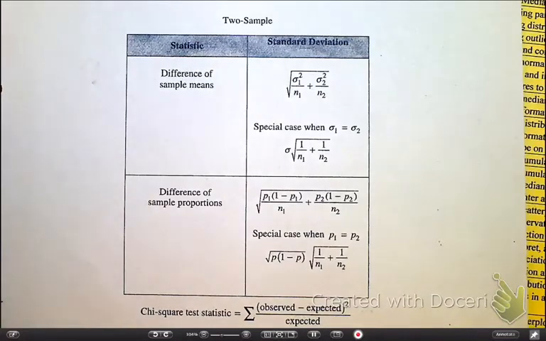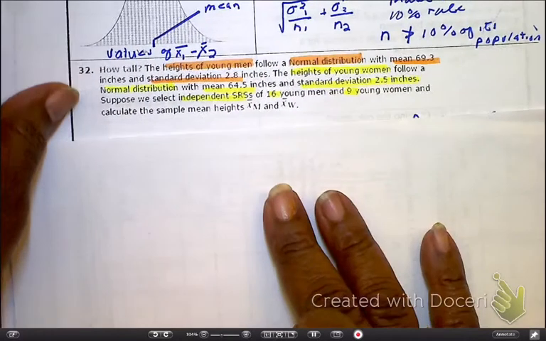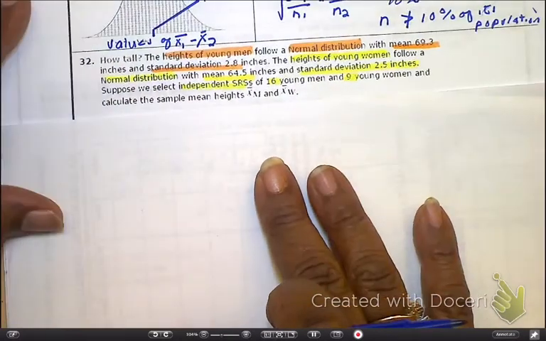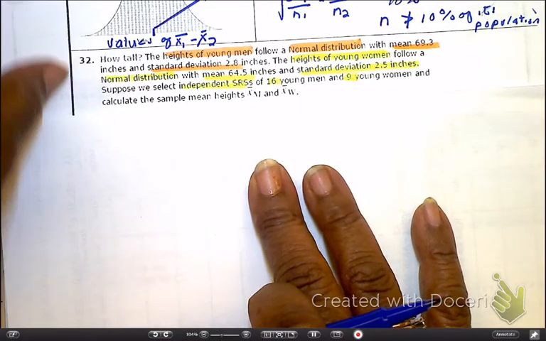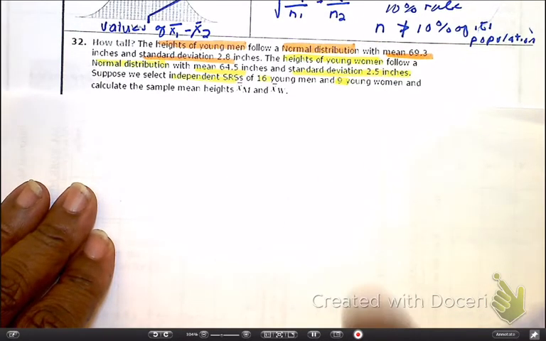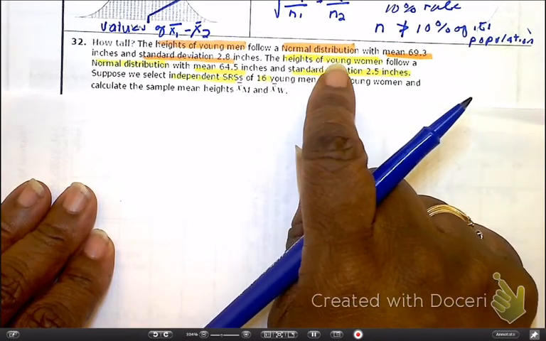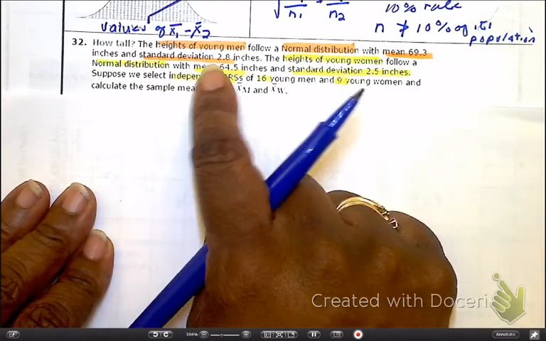Now let's take time to answer question number 32. Please take a moment and read over the scenario. You can see what's happening here. We have the height of young men normally distributed, thank you, with a mean of 69.3 and standard deviation of 2.8.